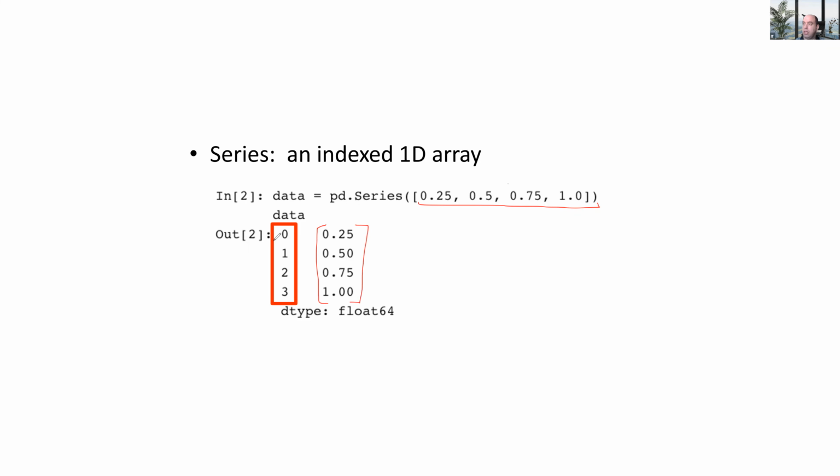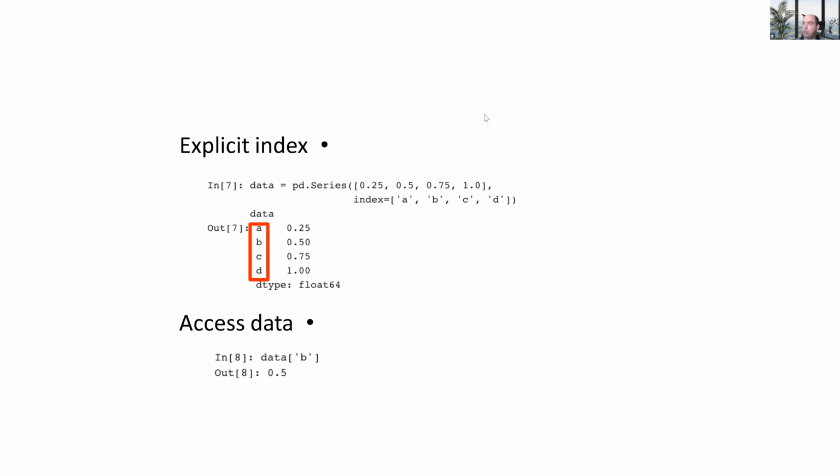So a series is an indexed list, okay? The values can be real numbers, integer numbers, or strings, doesn't matter. And the index can be implied, so we don't say what the index is, and it gets default indexes 0, 1, 2, and 3, but we can also explicitly define the index, like in here. I add index and the list of index names, and I get index a, b, c, and d instead.